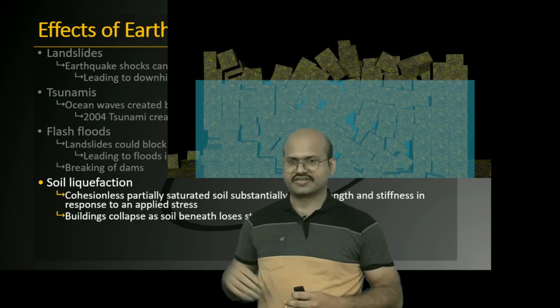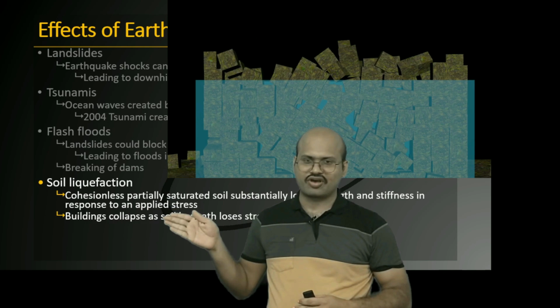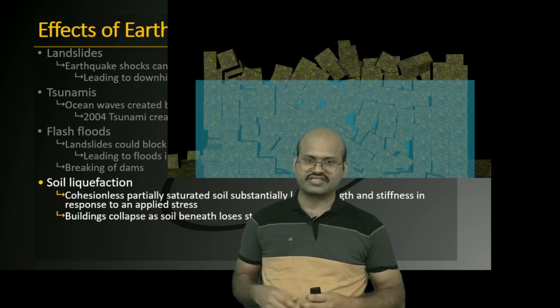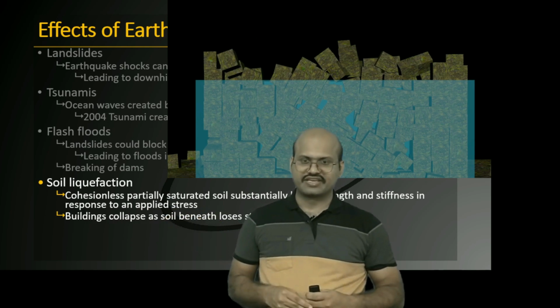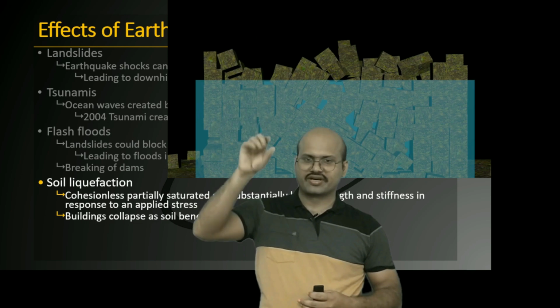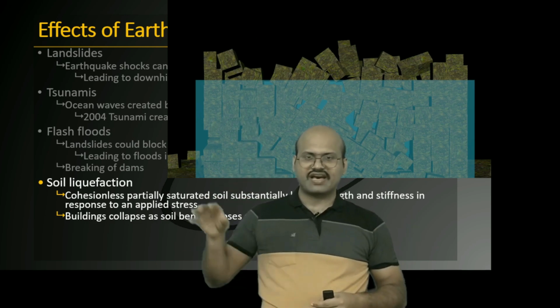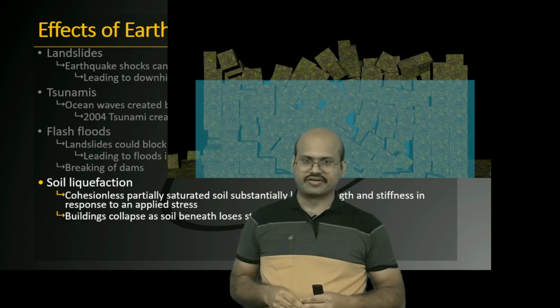Soil liquefaction: when cohesionless or partially saturated soil substantially loses its strength and stiffness in response to an earthquake. So what happens if we consider these rocks which are not attached to each other but are arranged one over the other and are partially submerged in water.